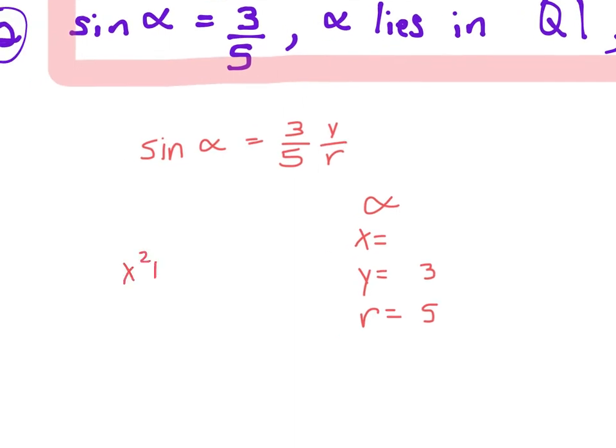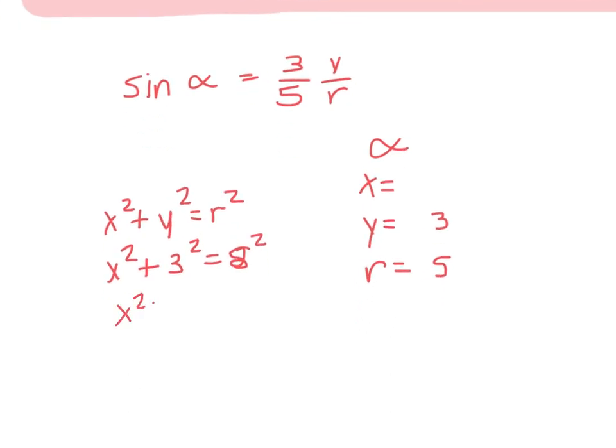So x squared plus y squared equals r squared. X squared plus 3 squared equals 5 squared. X squared plus 9 equals 25. X squared equals 16, so x equals 4. Okay, so I know x is 4, y is 3, r is 5.